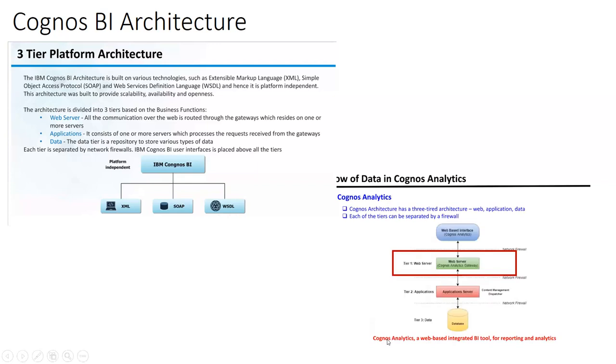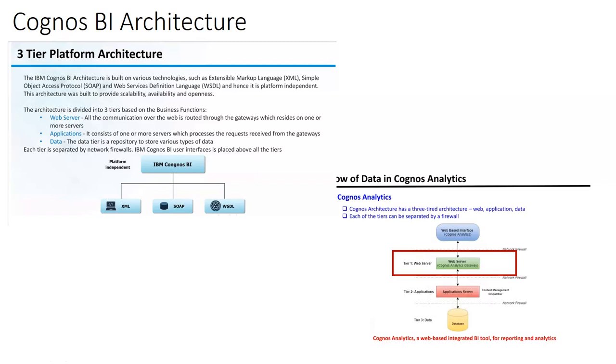Cognos has three tiers. As I said, to enter the Cognos Analytics platform, we go through a web-based interface, typically the cloud IBM platform. Once you sign up, register your credential and sign in, you get access to the Cognos web server via the gateway.